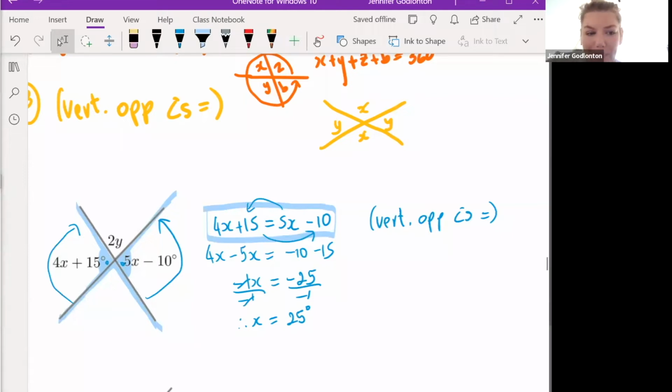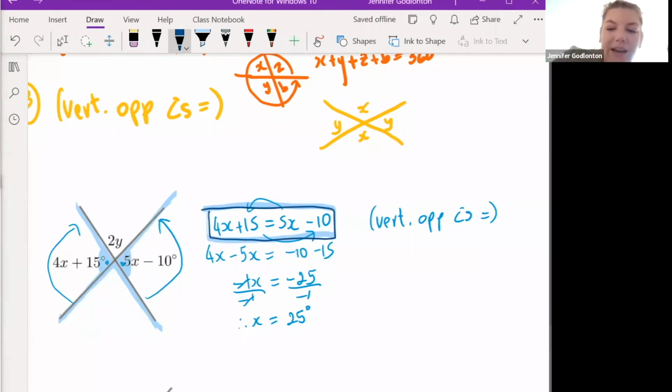Hi, Nkosi. How can I help? I didn't understand the sum. Okay, which part, sweetheart? The 4x plus 15. Okay, the 4x plus 15, this part over here, just comes from being vertically opposite angles.